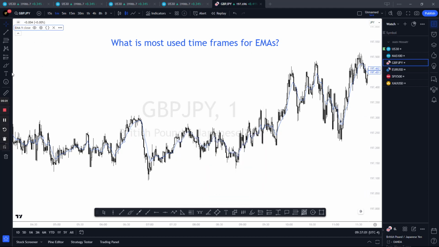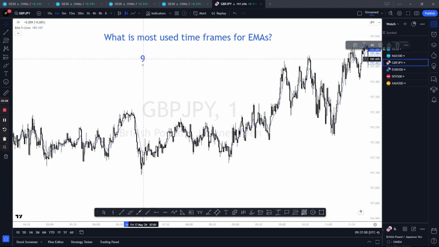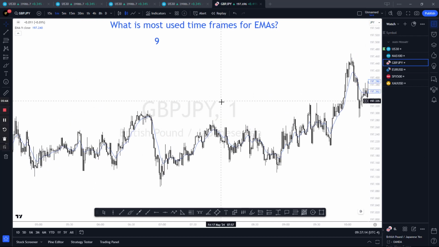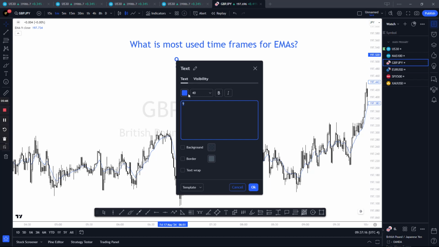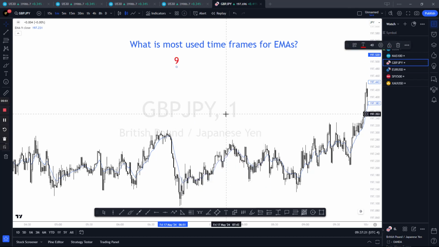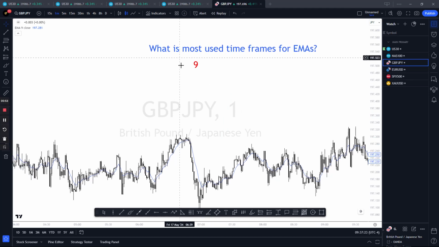So 9 is one of the most powerful ones to use, in my opinion. This is the one that is the best for calculating turns the most, does the best calculations across the board, and if you're looking to build into systems, this is probably the one to use more than any other one.